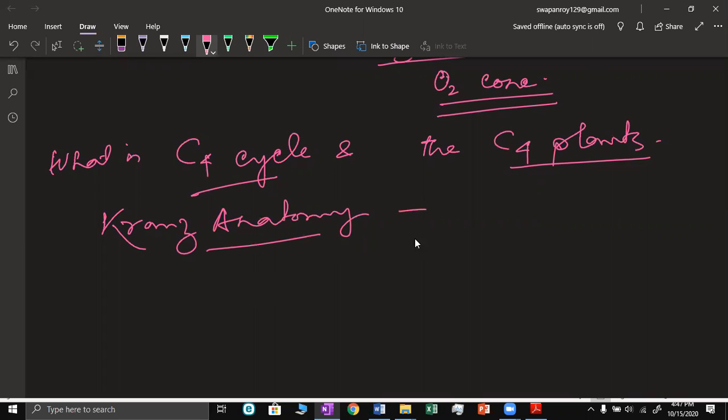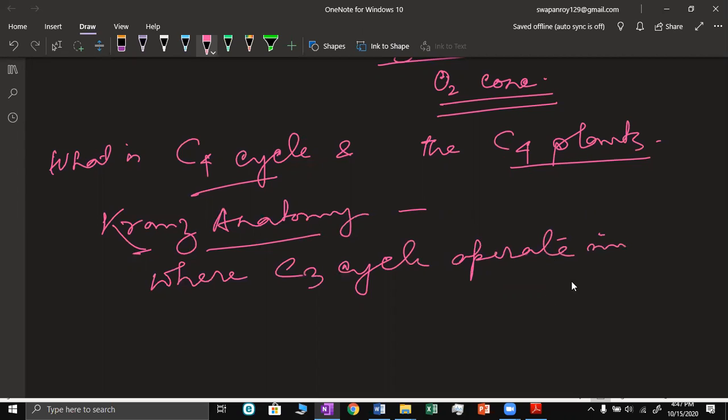Then a small question can be asked like where the C3 cycle operates in C4 plants.